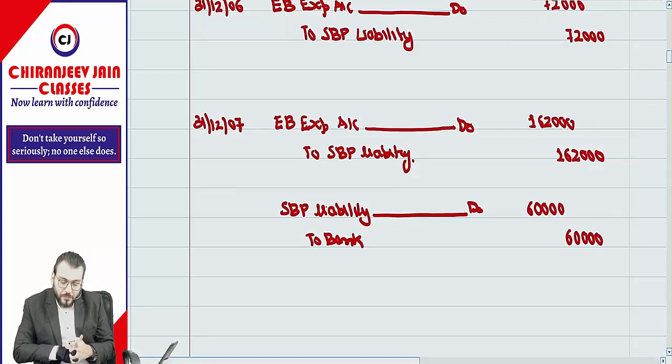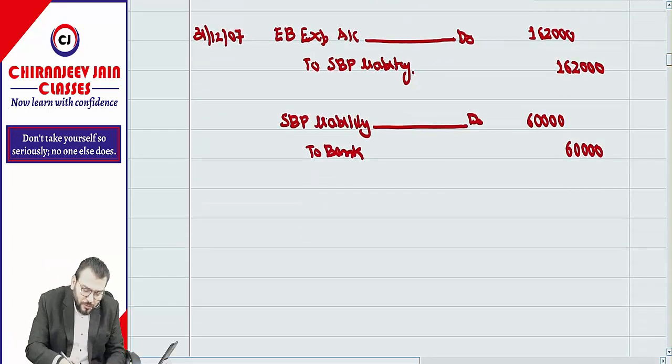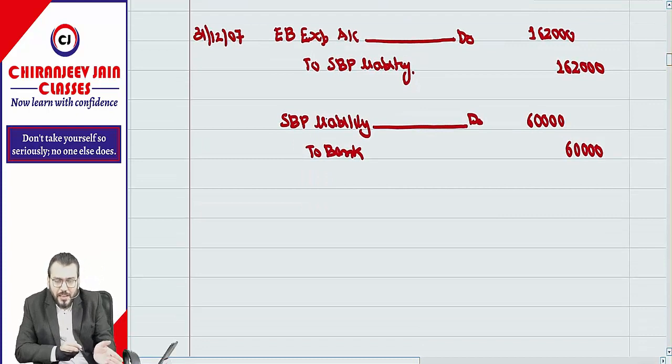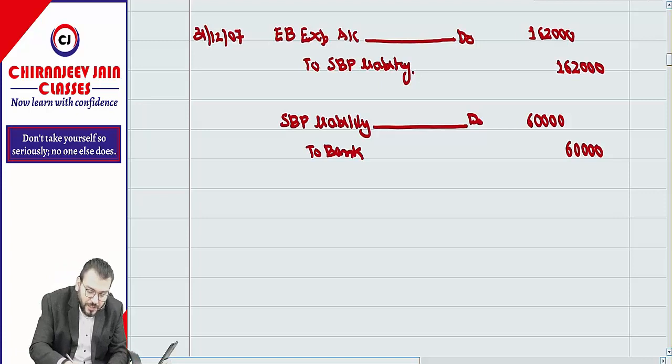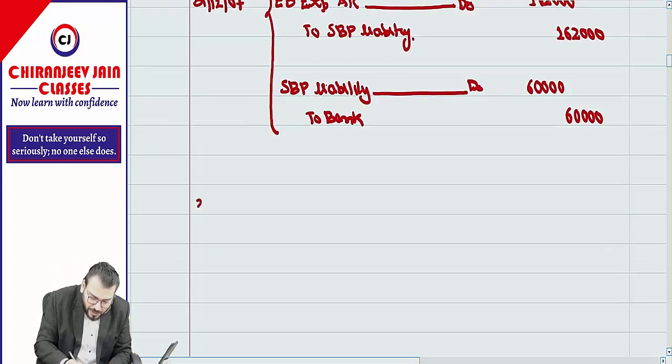Correct? Or what you can do is first for 6 employees and then for the balance 30 employees. That can also be done. That separate journal entry you can also do. This journal entry is also correct. That journal entry will also be correct.